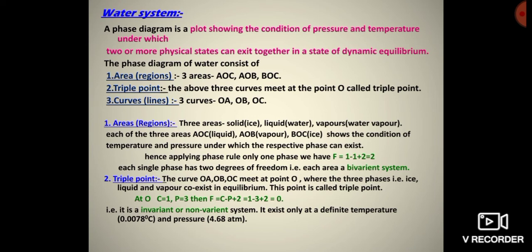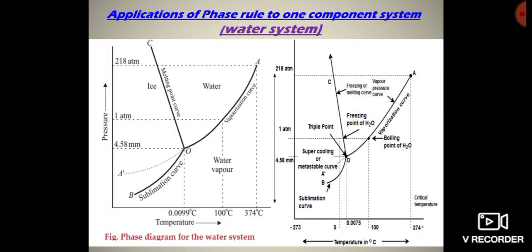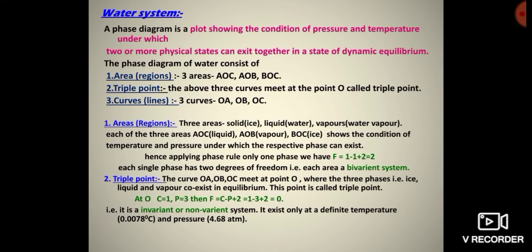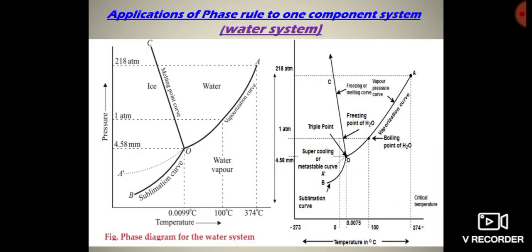The three areas we already know are the solid, liquid, and vapor phases. AOC is the liquid phase, AOB is the vapor phase, and BOC is the solid phase, that is ice.